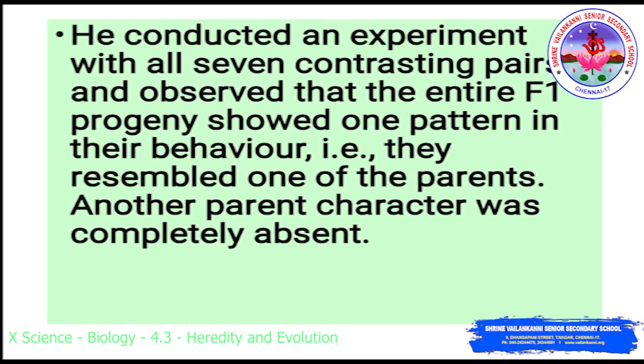Based on this, he named them dominant and recessive. When the character is expressed, it is called dominant. When the character is not expressed, that is hidden in the generation, it is called recessive.